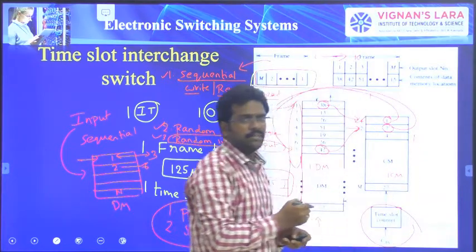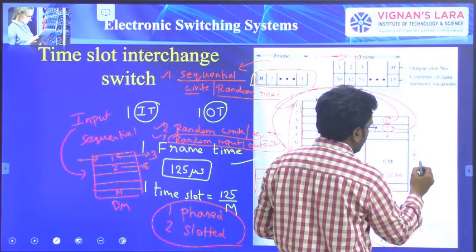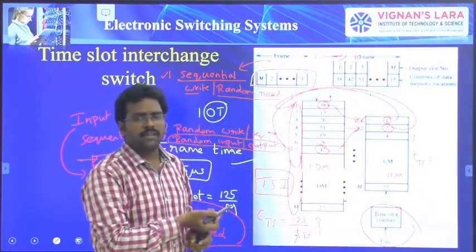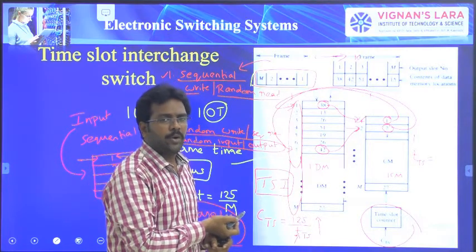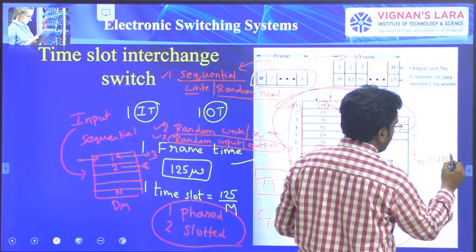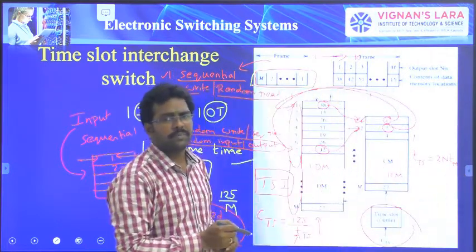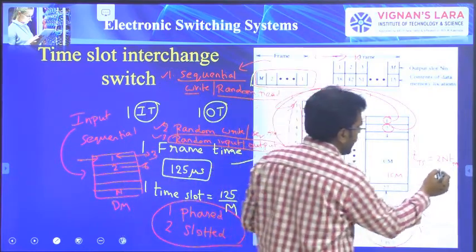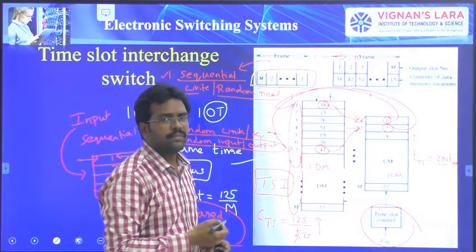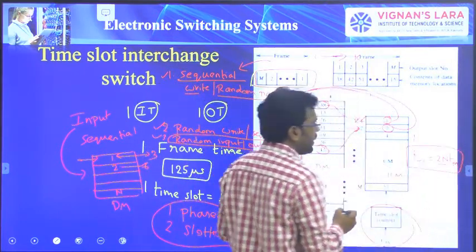Few more points are discussed here. What is the time taken? Since it contains two control memories, the time to access is 2n into TM. What is TM? M stands for memory access time. Since it contains n inlets, the total time taken is TS equal to 2 into 2n TM.